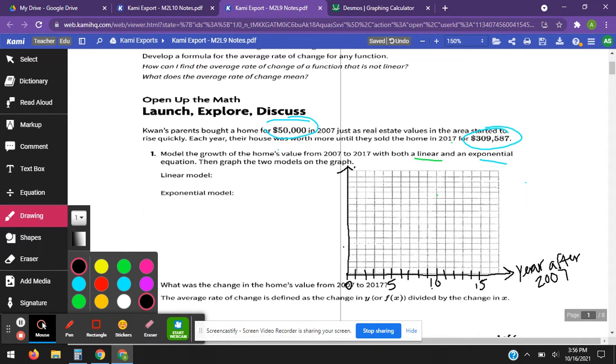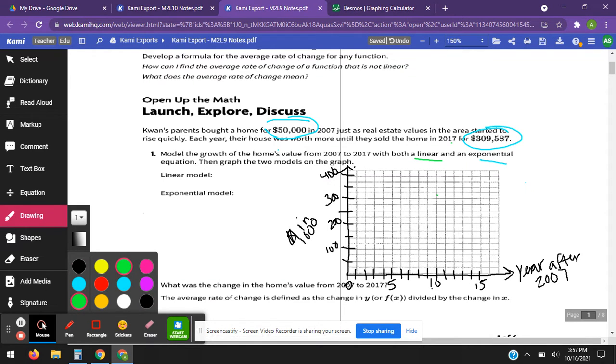And on the way up, I'm going to go 50, 100,000. So this is dollars in thousands. 150, 200, 250, 300, 350, 400.